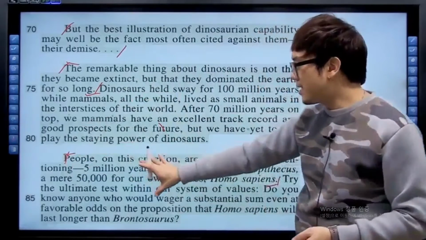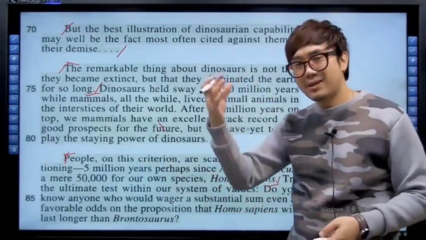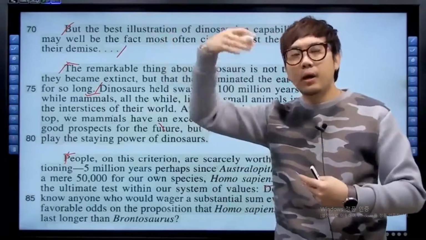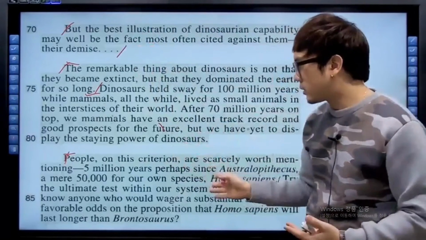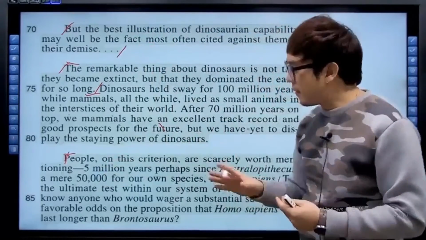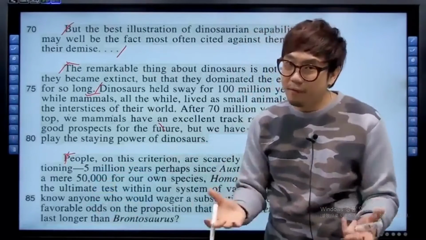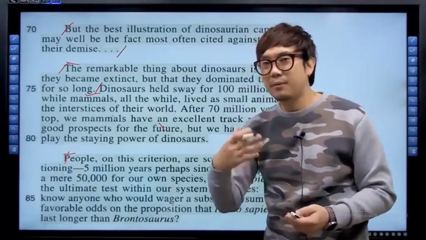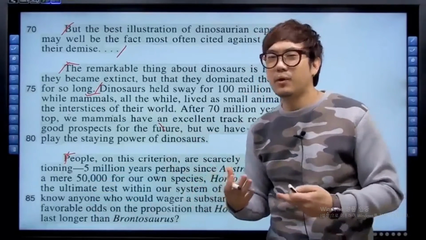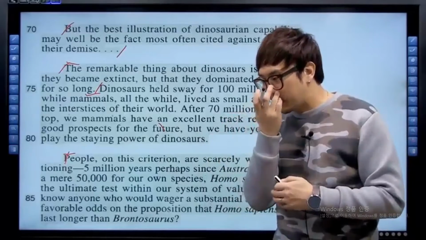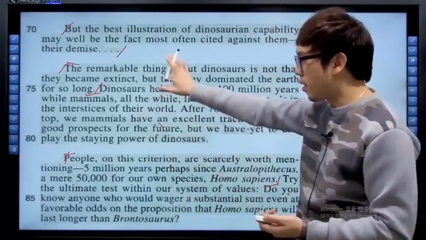Human beings like Australopithecus, which is our ancestor, which goes back a little bit of our ancestral tree, only existed for 5 million years, and then Homo sapiens, us, have been here for 50,000 years. So therefore, we can't really say that dinosaurs are dumb. It's a false comparison, but again, that's what the author is saying, right?